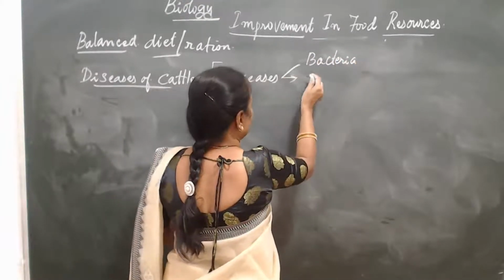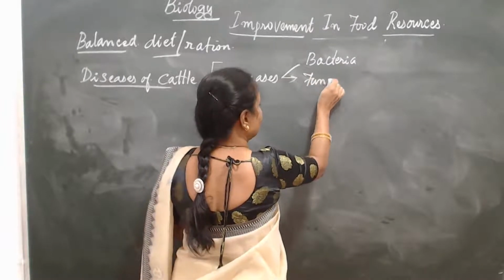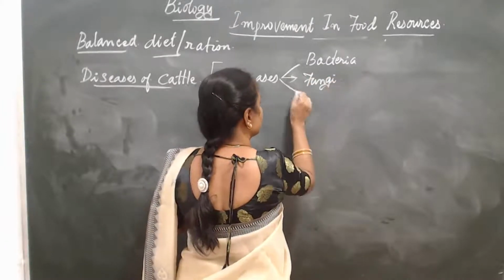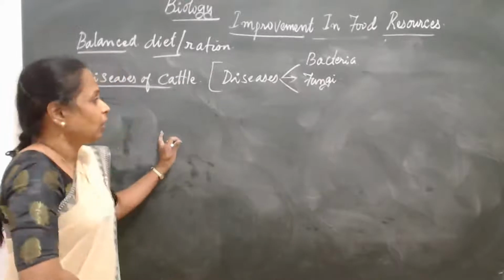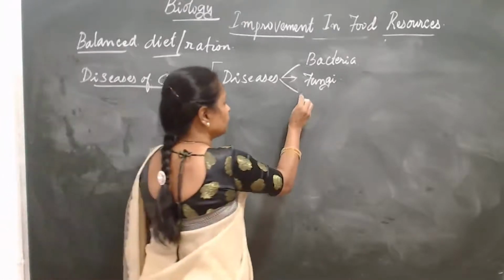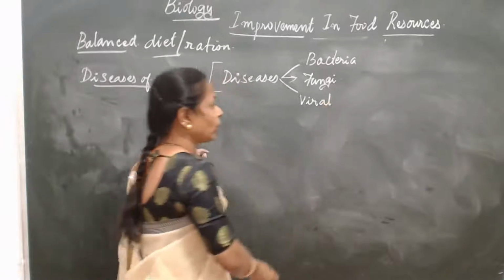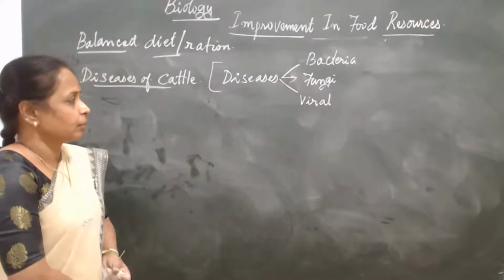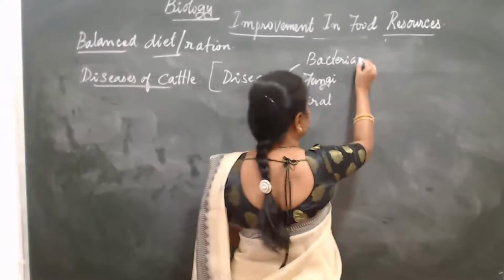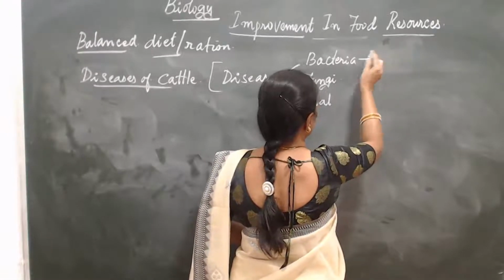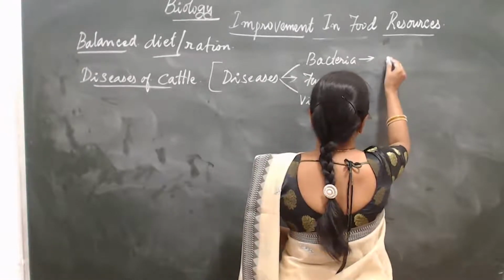It can be because of fungi also, fungal infection. Sometimes you can see the cows and buffaloes with a fungal infection, and they can have viruses too. So you have got the viral diseases in case of the animals. Then last year we studied about bacteria, that is, the bacterial disease of the cows and buffaloes.